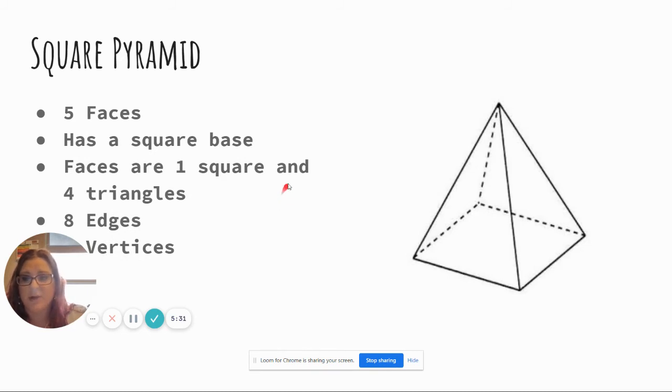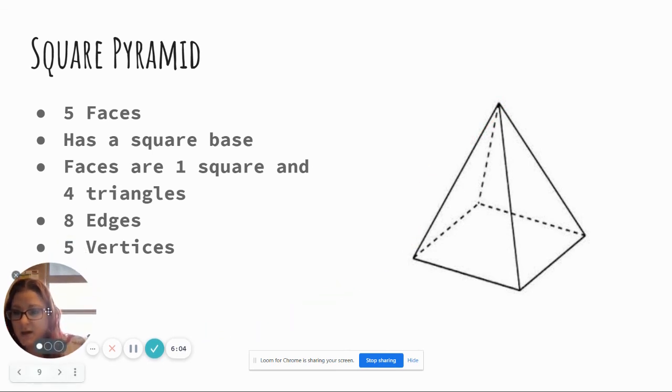A square pyramid has 5 faces. We have 1, 2, and then in the back we have 3, 4, and then the bottom base or face is 5. It has a square base because it's a square pyramid. It has the square base and then the 4 triangle shapes that go up into the vertice, which gives us our 5 faces.